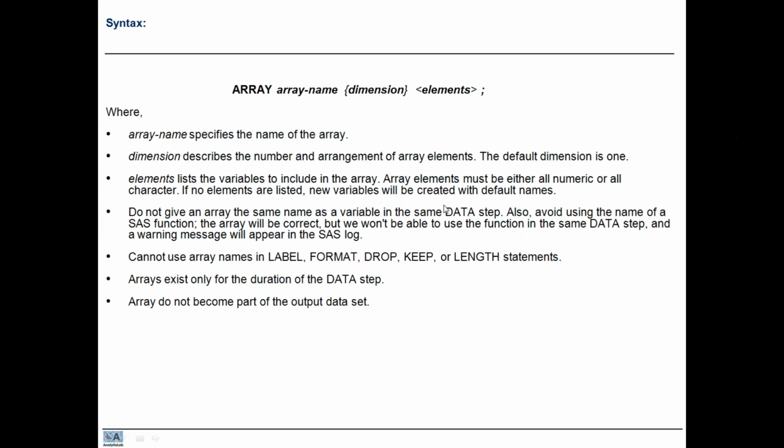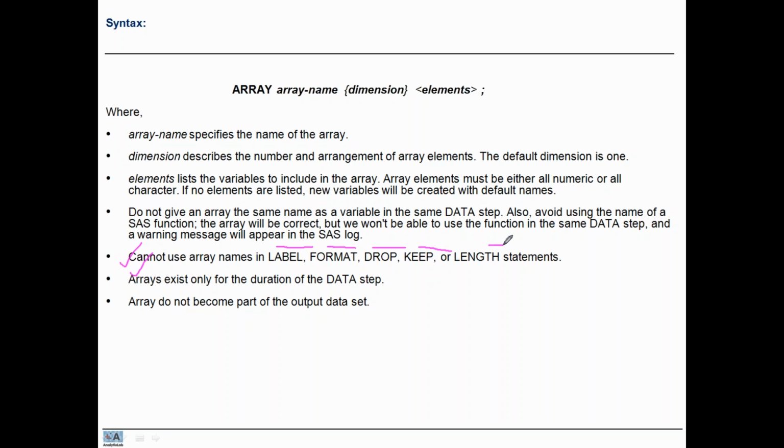Remember one thing. Even though I am using array so that I can do the same task over various columns, you cannot use array for labeling, formatting, drop, keep, length. So don't use drop weight I. That will not work. Or format weight I, weight difference I is equal to 20 dot.